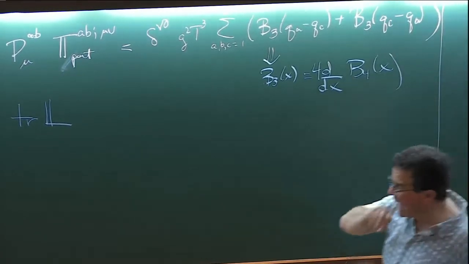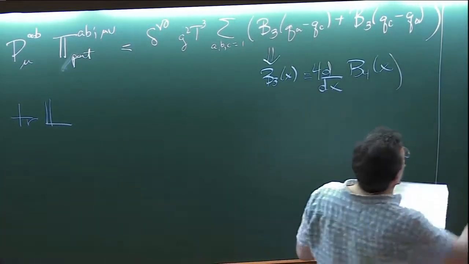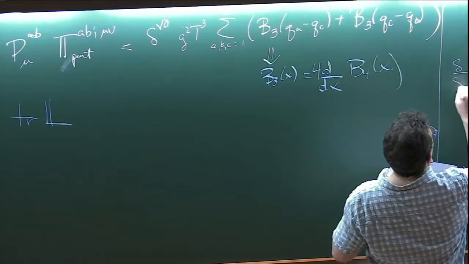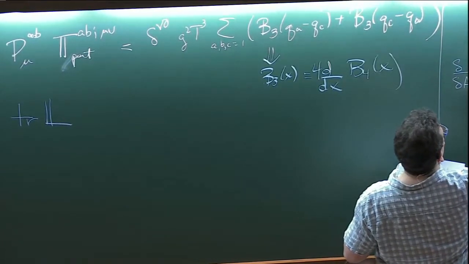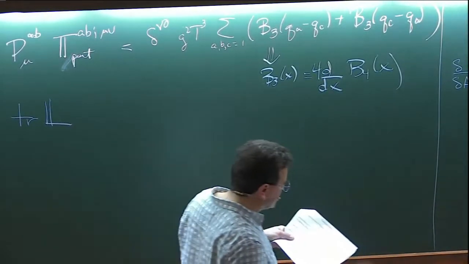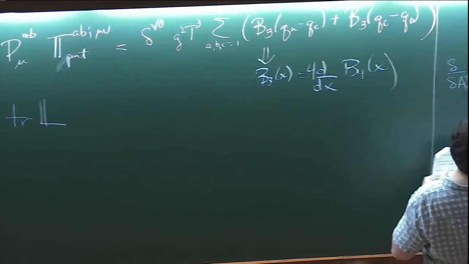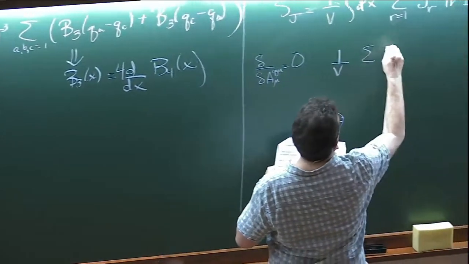For SU(N), because it's a traceless matrix, you have n minus 1 independent eigenvalues. We'll take n anyway. And then what we do is, you want the linear variation to vanish. And so you take a variation of this, and you're going to get something like 1 over V.